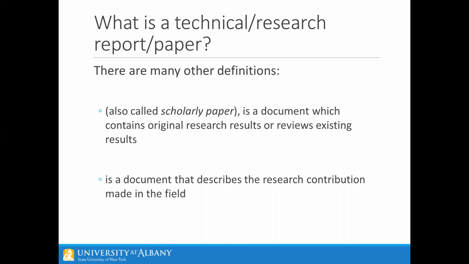The other type of papers could be reviews of existing results. In this case, you are writing a review paper. That means you basically surveyed or reviewed existing research, existing works of other people, and you are analyzing those works from different perspectives and making a comparison, and then coming up with certain conclusions that this method is good in this aspect, whereas the other method is good in this aspect.